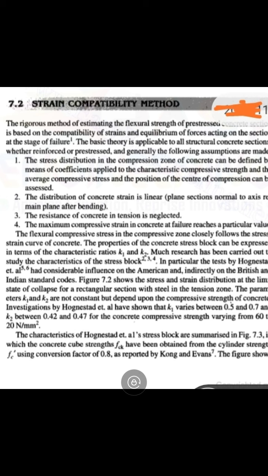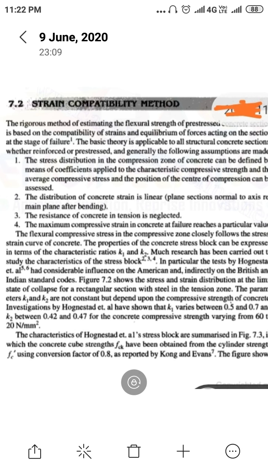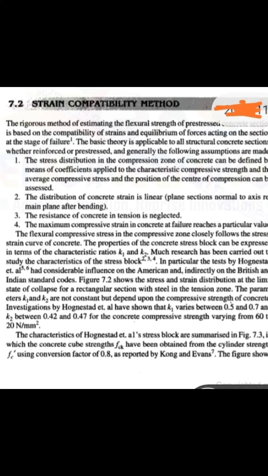The first assumption is that the stress distribution in the compression zone of the concrete can be defined by means of a coefficient applied to the characteristic compressive strength and average compressive strength. In the center, the compression can be anywhere in the middle and can be assessed.